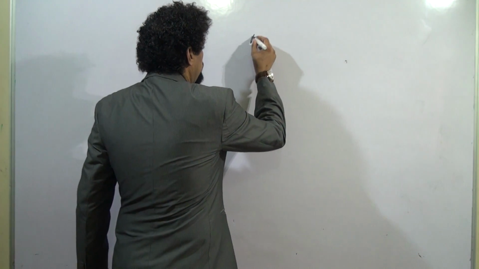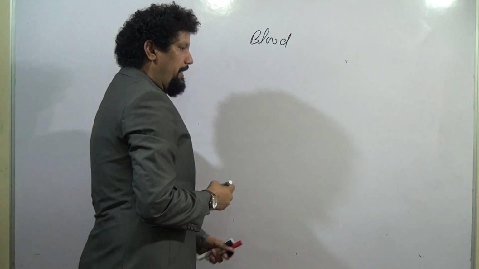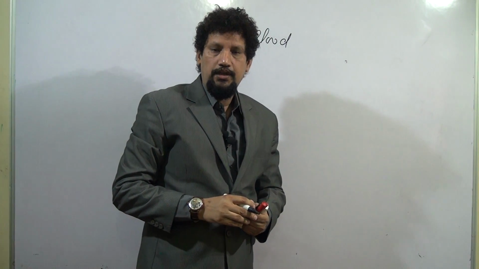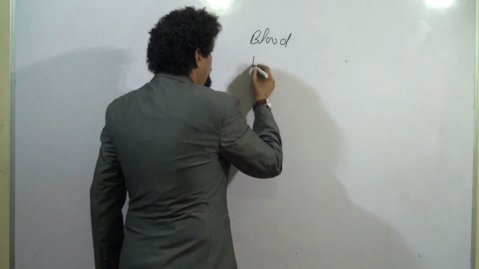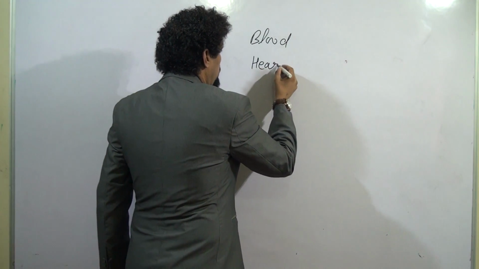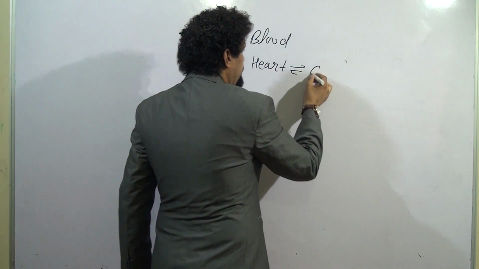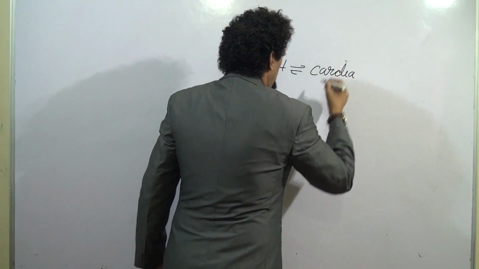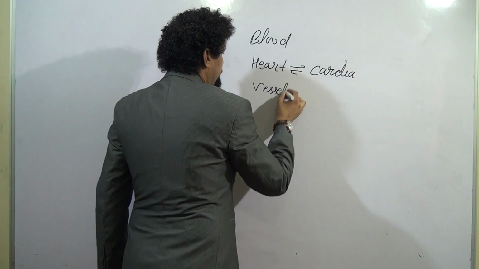So, a system made up of the highly specialized connective tissue, the blood, the central pumping organ, the heart or cardia, and the third is the vessels.